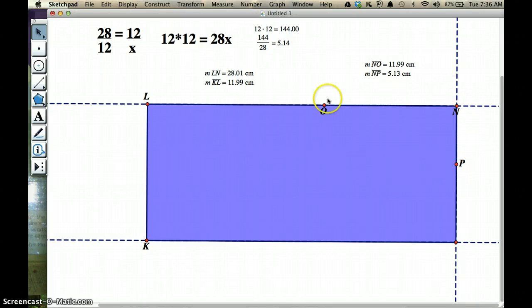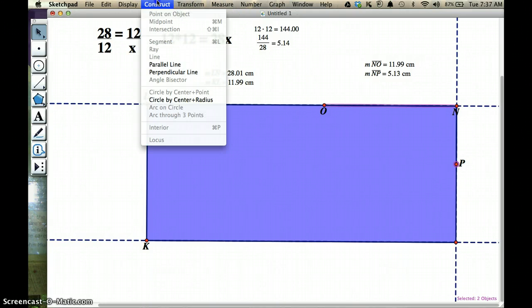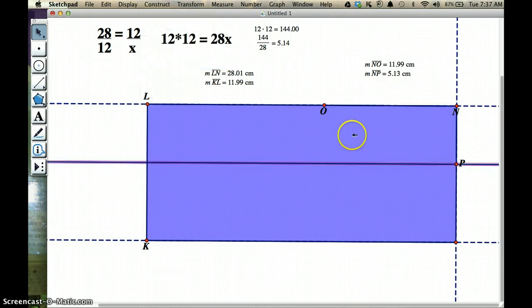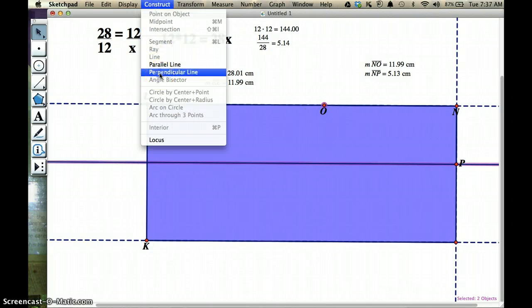That's close enough. Okay, so now I want to create a parallel line. Construct parallel line. And then I want to create a perpendicular line.